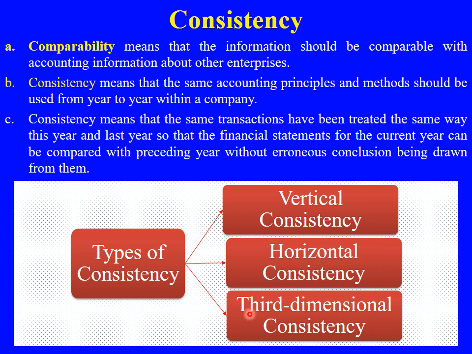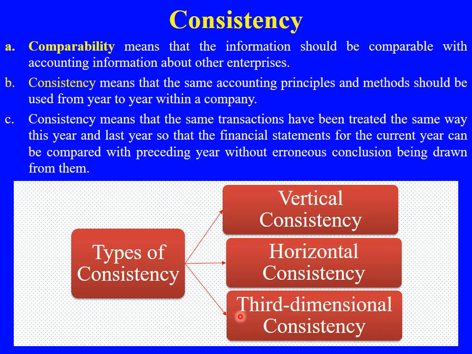Third dimension consistency means the same accounting rules, procedures and principles adopted by one company as another company. If in our economy we have three companies A, B, and C, A company follows the same accounting principles, B company also follows the same accounting principles, and C company also follows the same accounting principles.